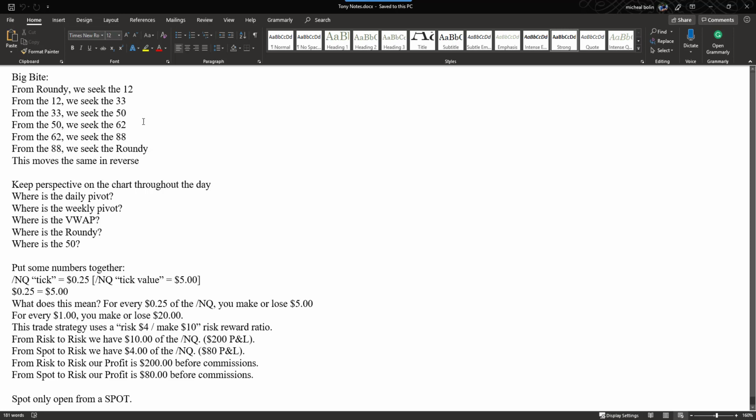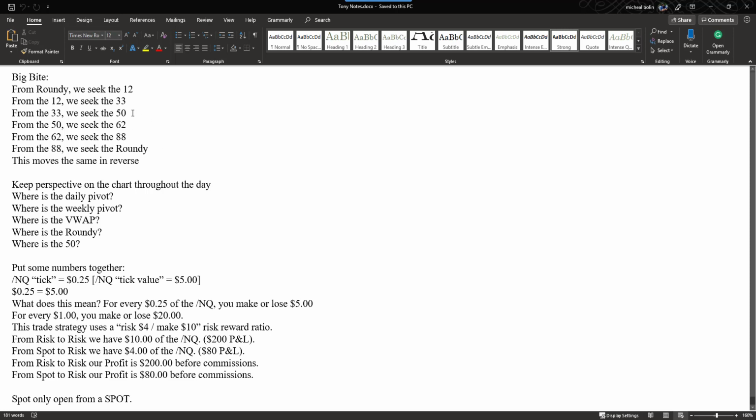So even though we are moving 10 handles at a time, we can look at the bigger picture. If price came from the 88 and it's headed down, the bigger picture, we would be looking at price going to the 62. All right. We also recognize that 50 and roundies provide very strong support and resistance.